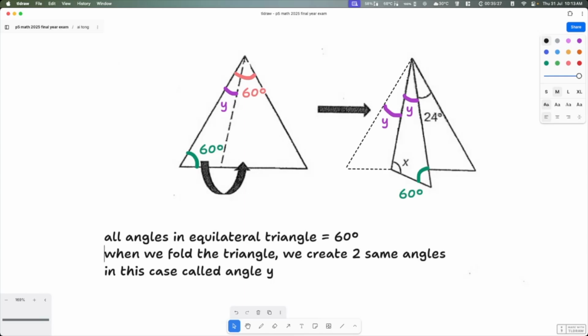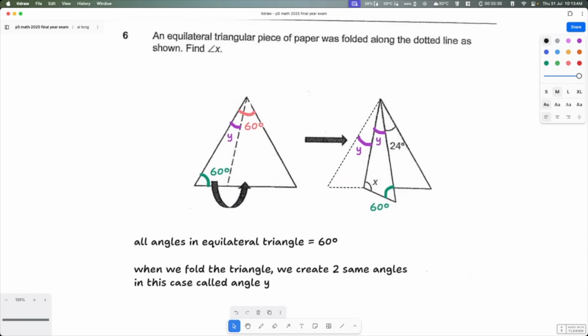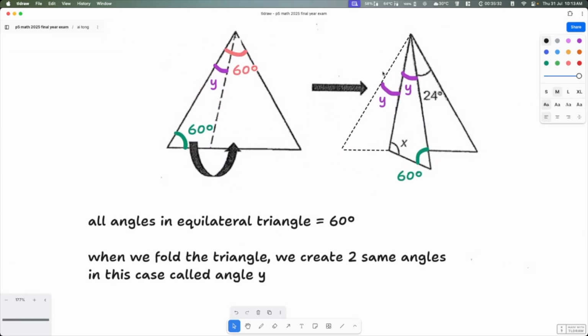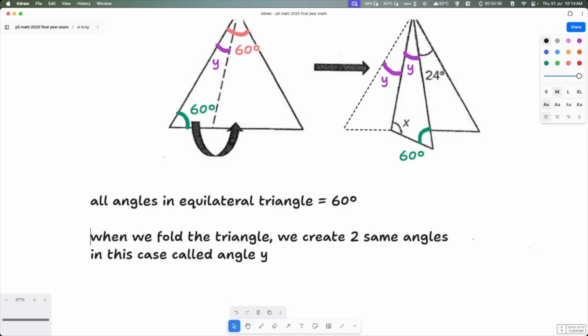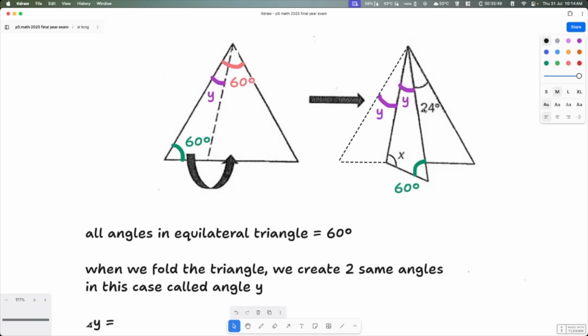So I think from here we can solve and get angle Y, and we can also get X as well. For angle Y, we know that this whole thing, let me duplicate this whole thing, is also 60 degrees.